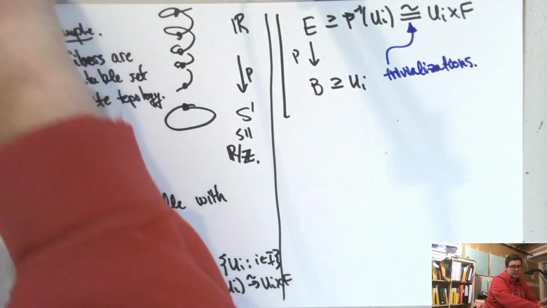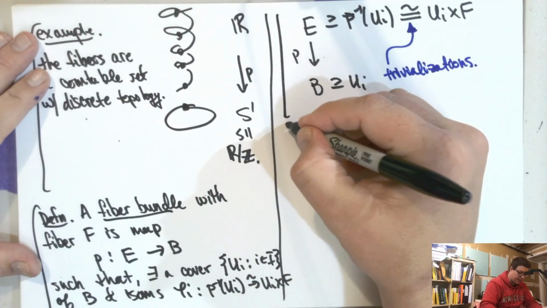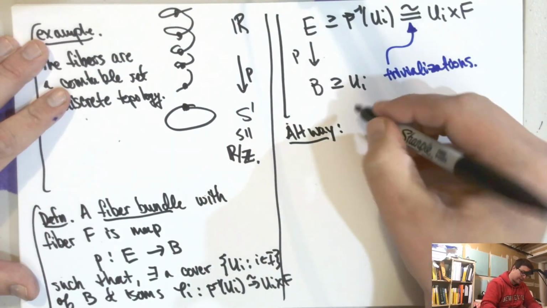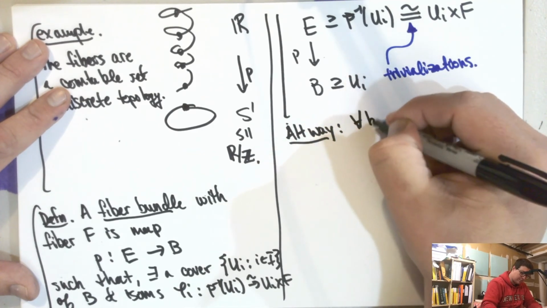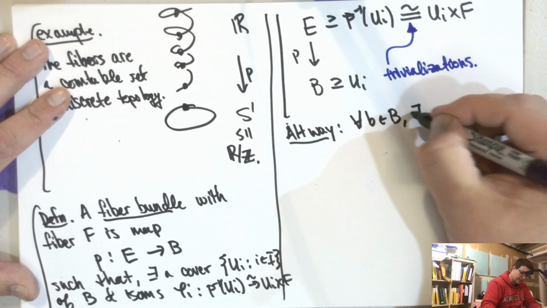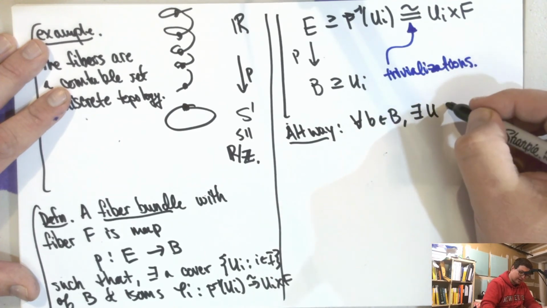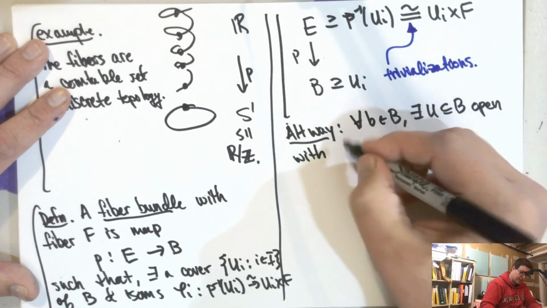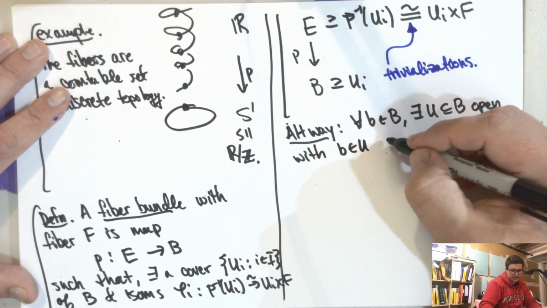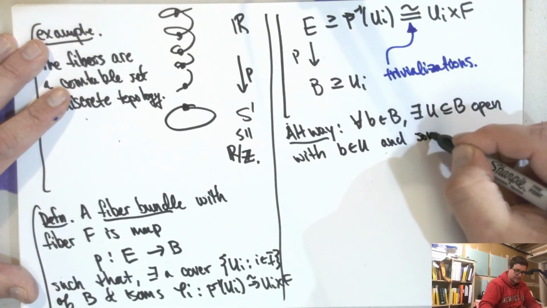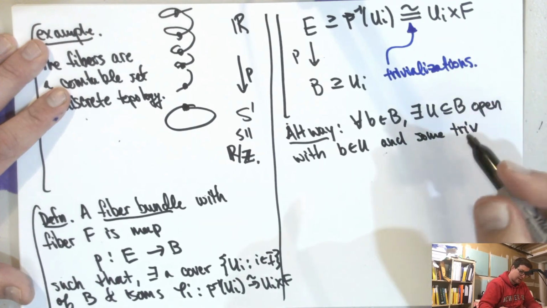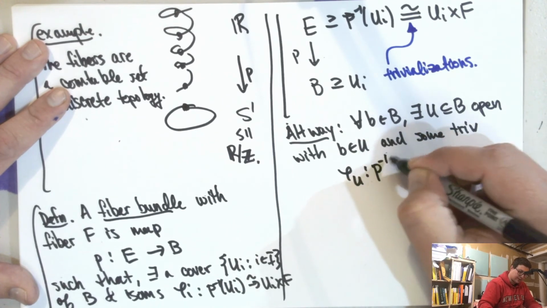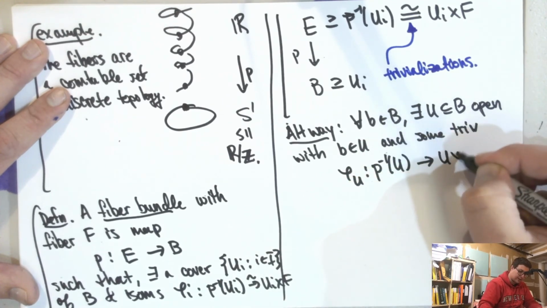Right, and if we're given... so one alternative way to define this, we could have said something like: for all points b in B, there exists a U subset of B open, with b in U, and some trivialization, which we could call phi of U, from P inverse of U to U cross F, right?